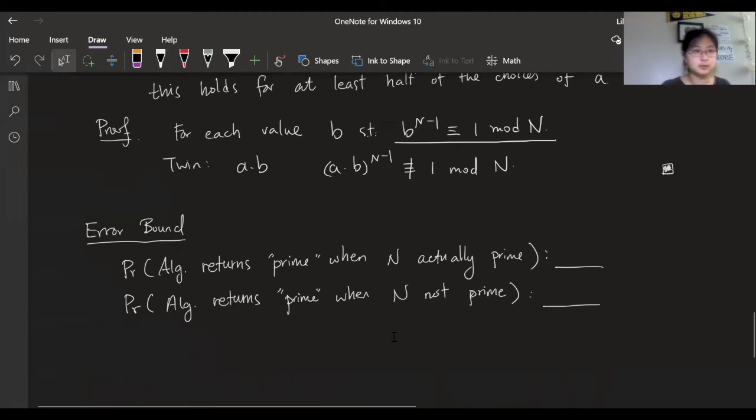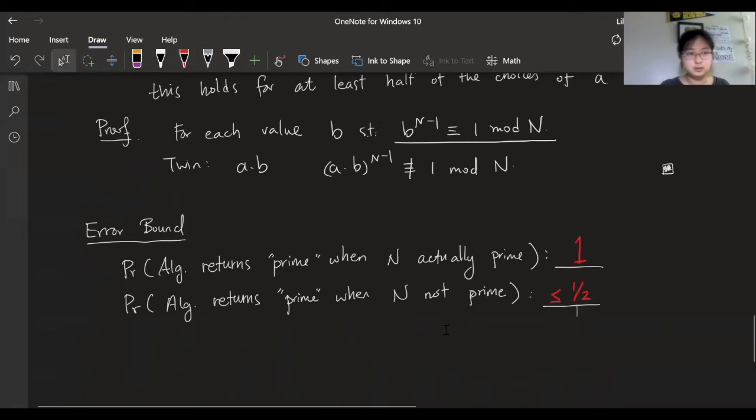So here's the kicker. The probability that the algorithm returns prime when n is actually prime, we discussed this, is going to be 1. It always works when n is prime because of Fermat's little theorem. And the probability that the algorithm returns prime when n is not prime is going to be smaller or equal to 1/2. We just proved this. Right?